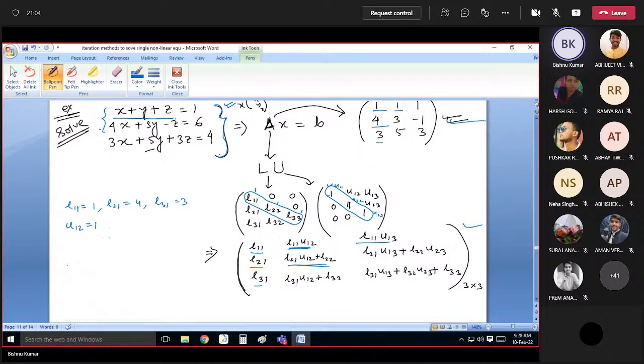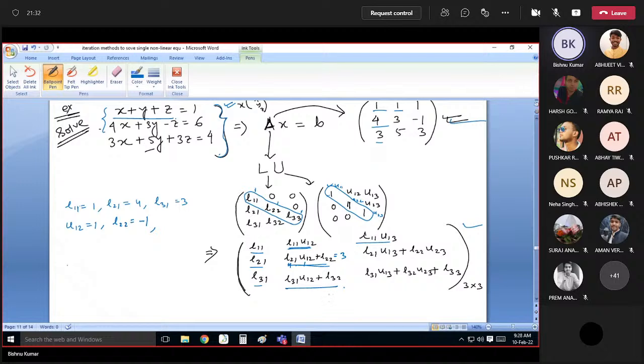Compare this. You want to compare this value along with this 3. This is 3, isn't it? What you already calculated: this is 1, U12 is -1, L21 already calculated is 4. So L22 is -1. Now compare this value.